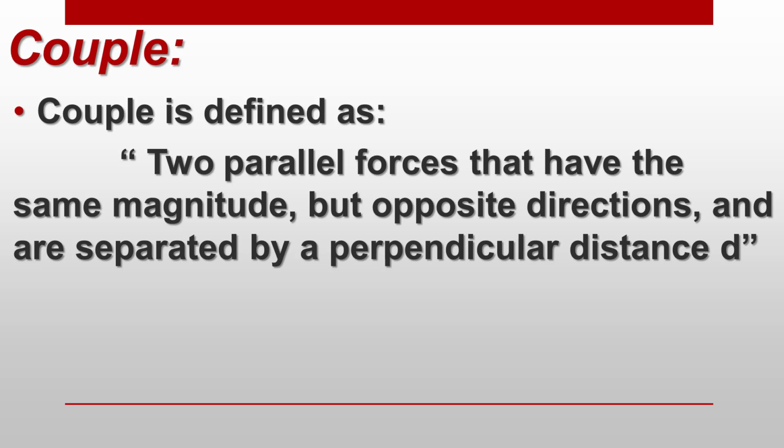The condition is that they must be separated by a perpendicular distance d. Two parallel forces, they must be parallel. They have the same magnitude but their direction must be opposite. You can see over here we have two forces F1 and F2 which are equal and opposite to each other. One is in this direction, the other in this direction. They are parallel to each other and separated by a distance d.